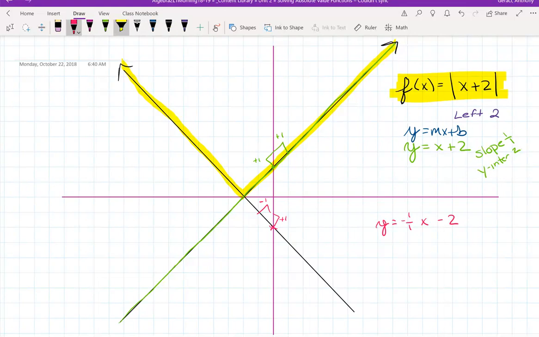Well, if you look at it, if I take my original, and if I multiply one side by negative 1, and I distribute the negative 1, I'm going to get that right there.